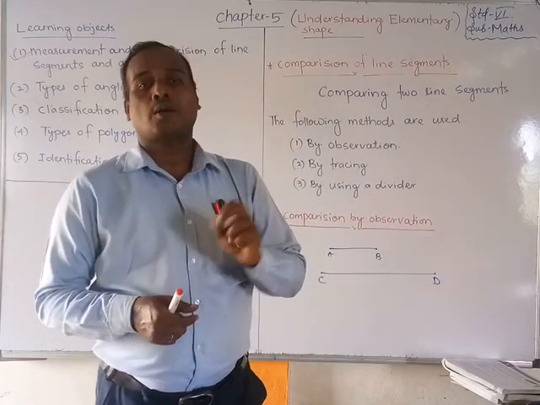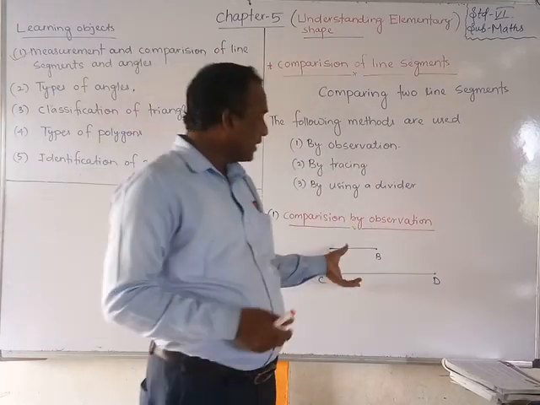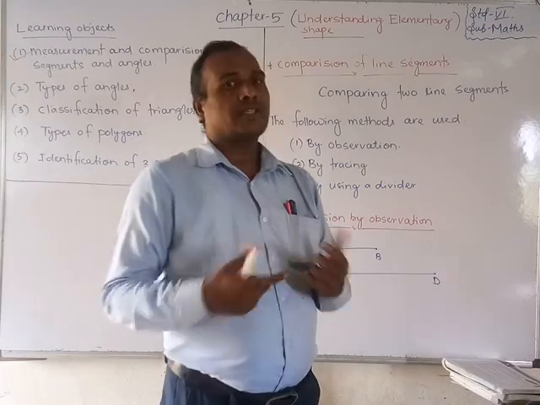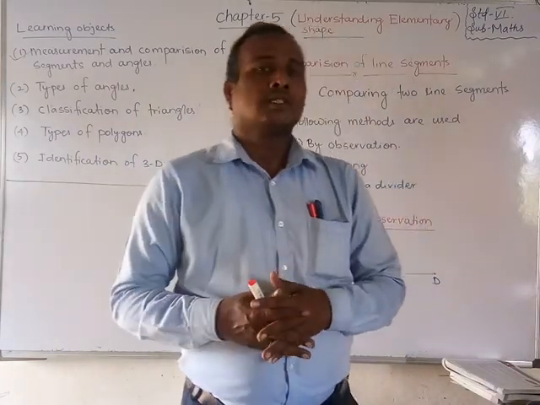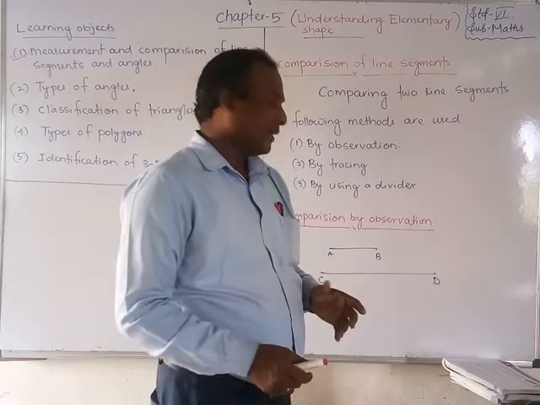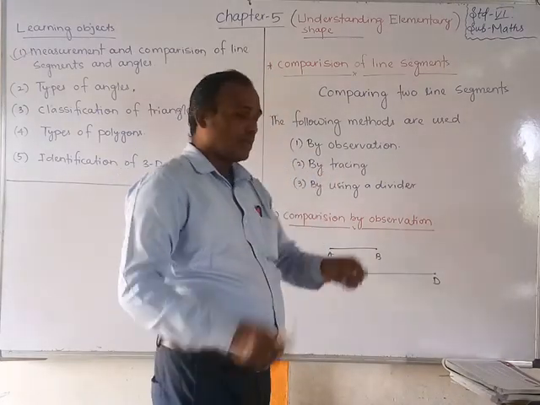The first one is the observation method. By observing, by seeing, we can find out which one is smaller and which one is bigger. We can do comparison. The second one is by tracing.